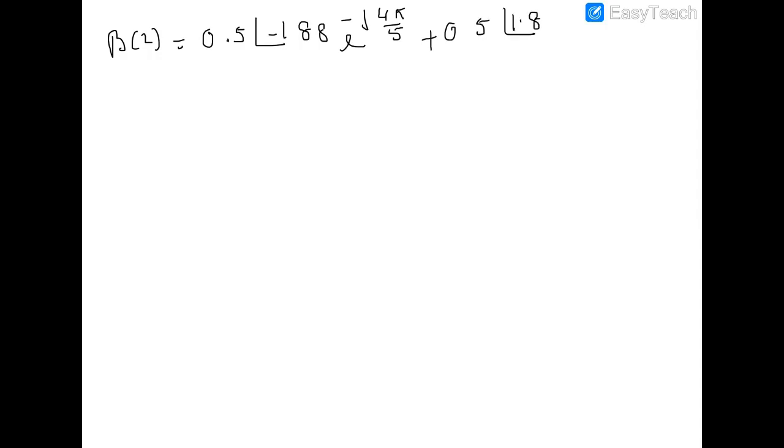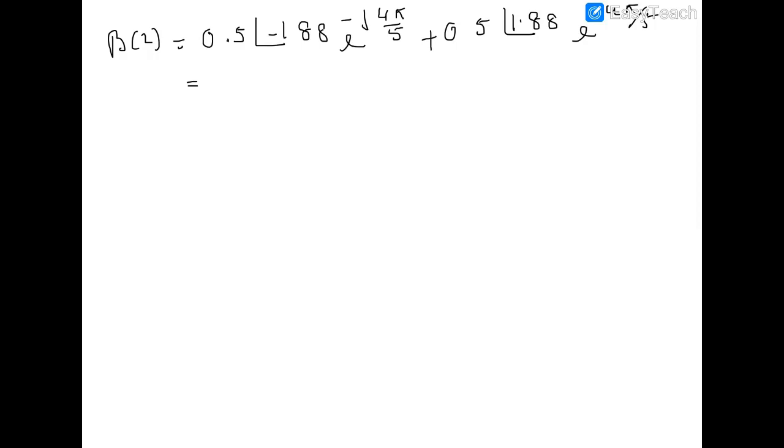Similarly, we have b2, that is h of 2. h of 2 is 0.5 minus 1.88 e to the power minus j 4 pi by 5 plus, and it is m minus k, 5 minus 2, so that is h of 3, that is 0.5 minus 1.88 e to the power plus j 4 pi by 5.